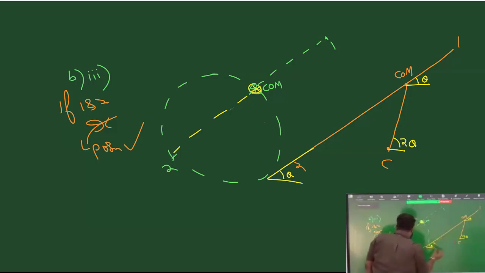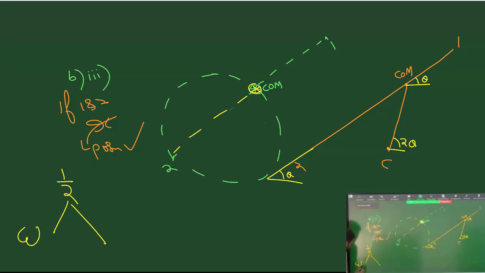So 1 coming to the position of 2 and 2 again reaching 1 is basically telling me that there is a factor of half in what? The omega of the circular motion of center of mass and the interchange of positions.